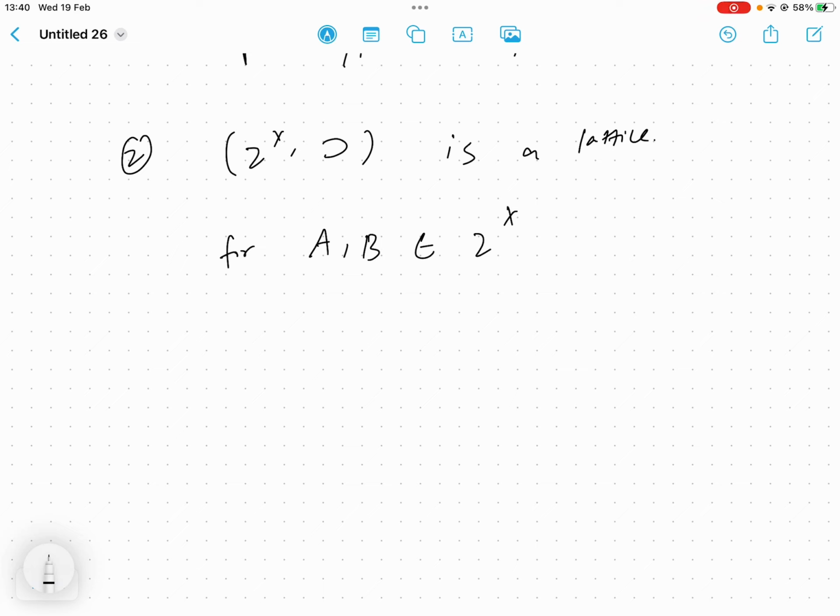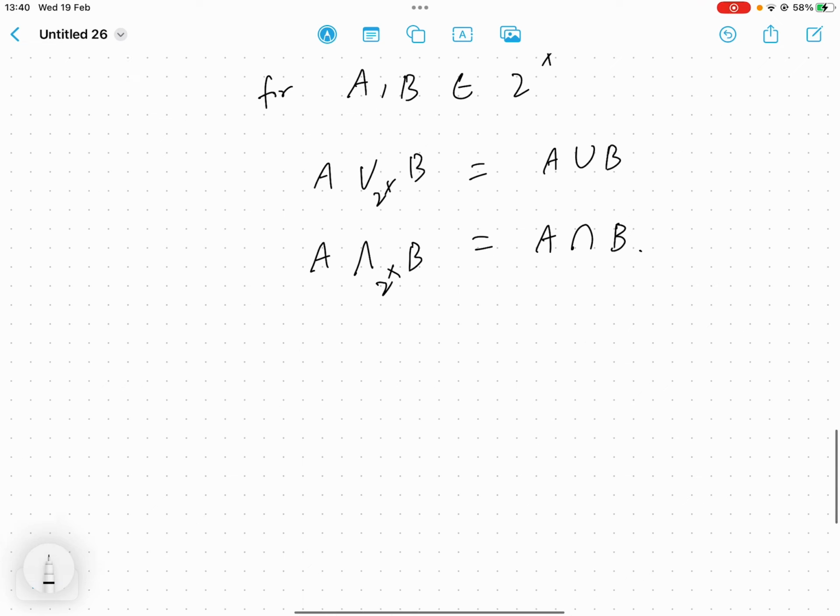Remember that the power set is just the set of all subsets of this X. So A join B over the power set 2 to the X is A union B, and A meet B is A intersect B. This is a very natural example.